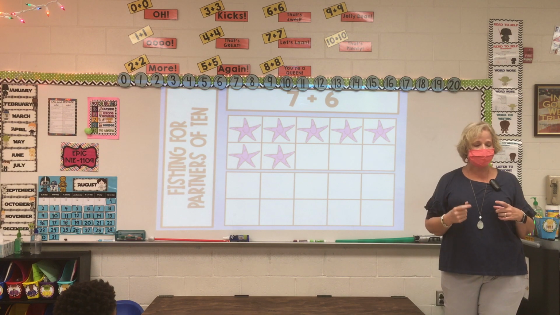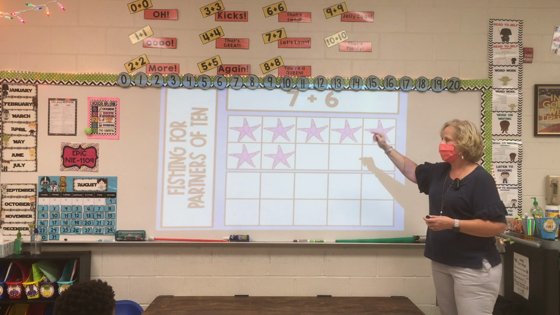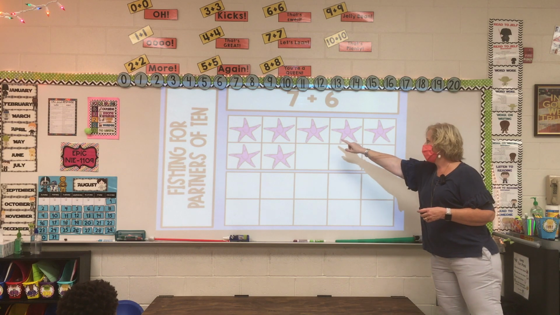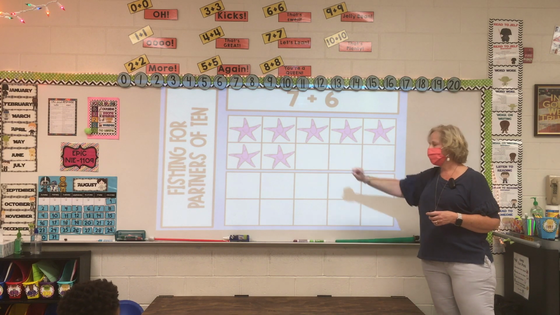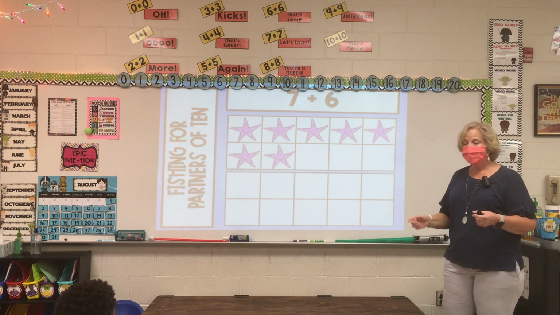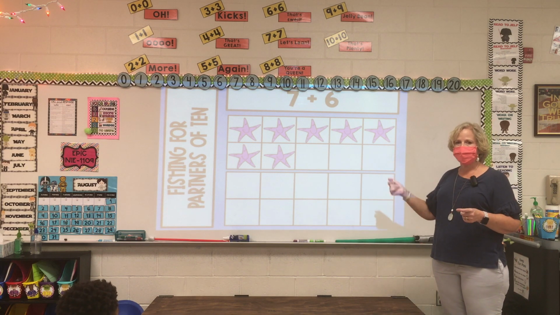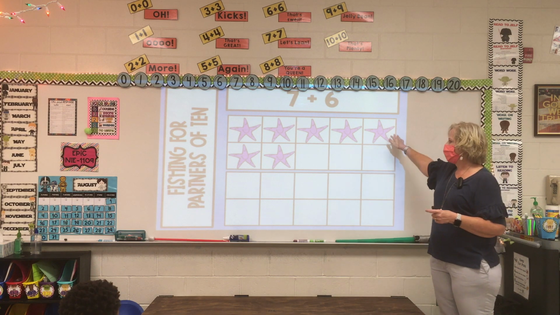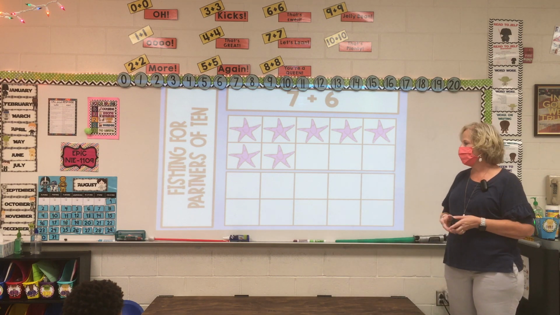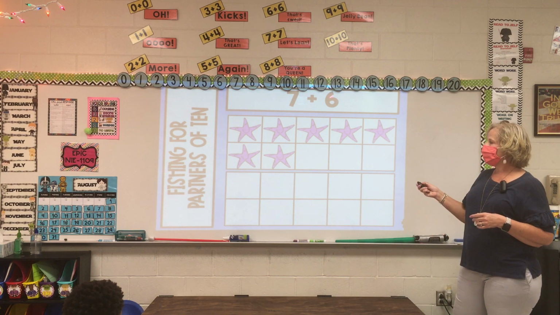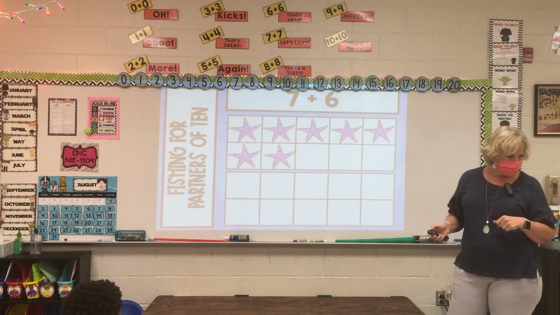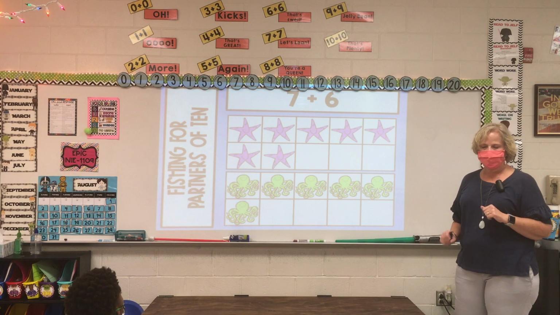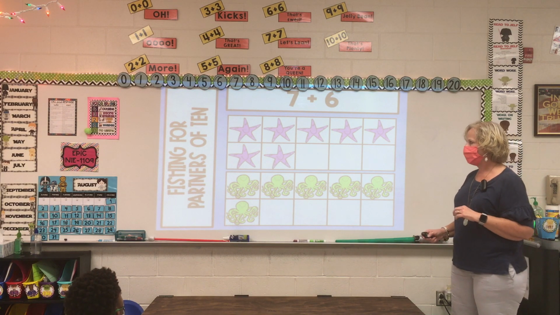I can look at my 10 frame and without counting each starfish, know that it's 7, because 5 are filled up on the top and then 2 more. Now my next number in my number sentence is 6, right? I'm going to put 6 octopus up here. 5 on the first row, 1 on the bottom.